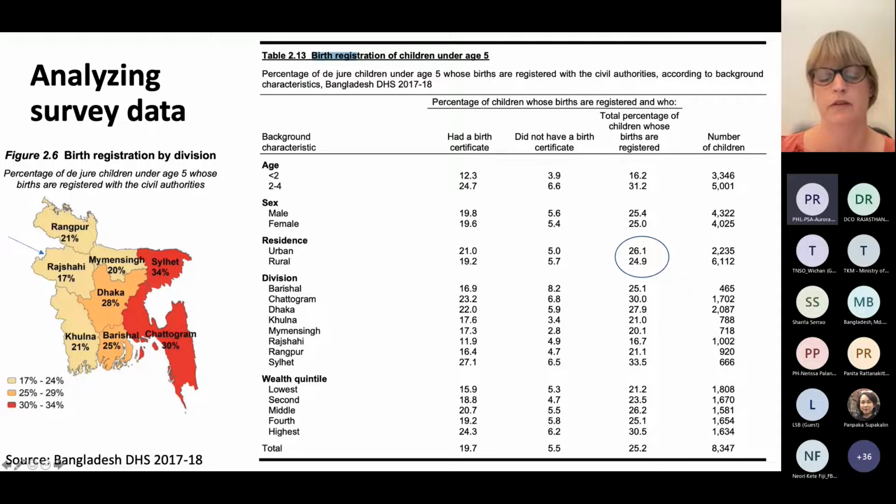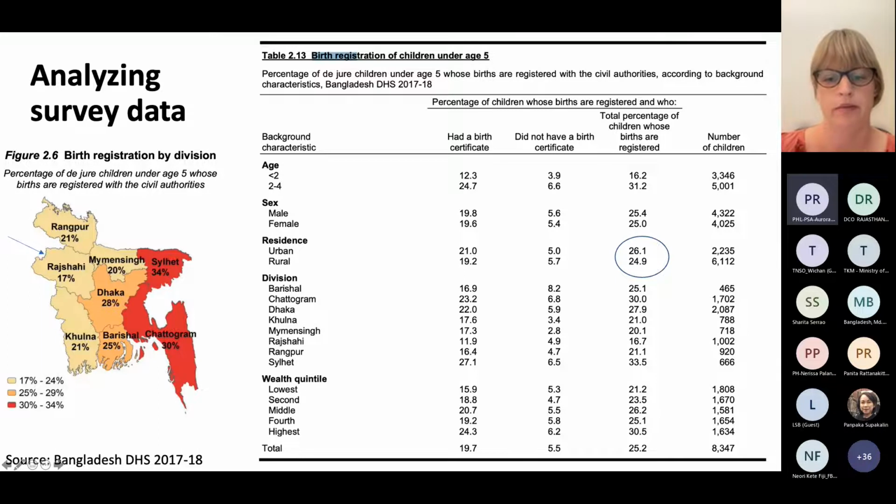Perhaps there are some barriers to registration or awareness issues, maybe all of these things, I'm not sure. Again, our colleagues could comment more. But I find it very interesting that they're very similar between the urban and rural, which means that would have different policy interventions than if we saw a really big disparity between urban and rural.